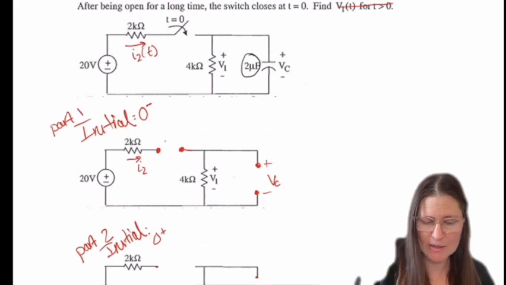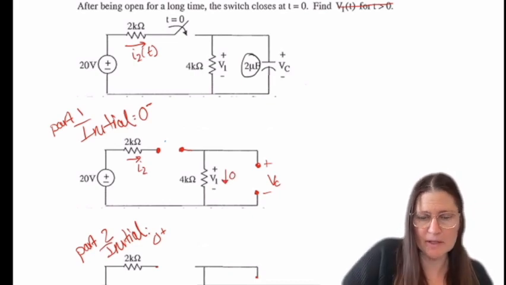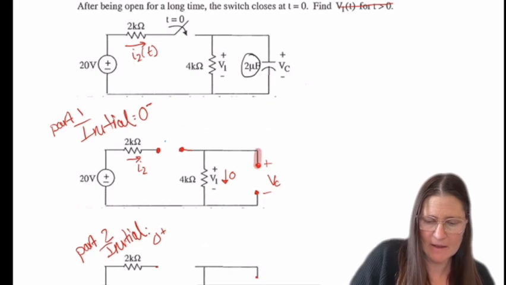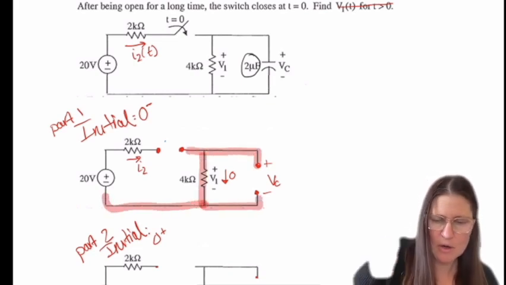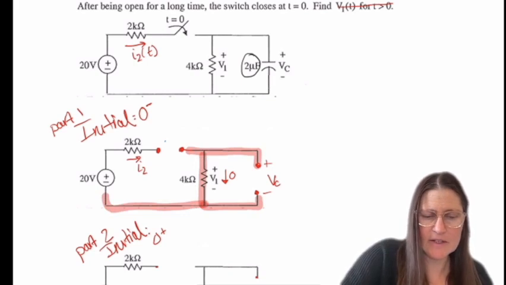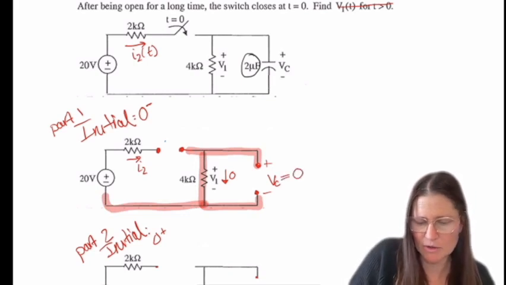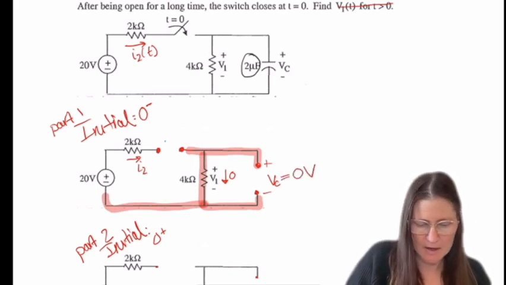With that being 0, there's no current flow here, so the top is going to be the same node as the bottom, which means that VC will be equal to 0 volts.